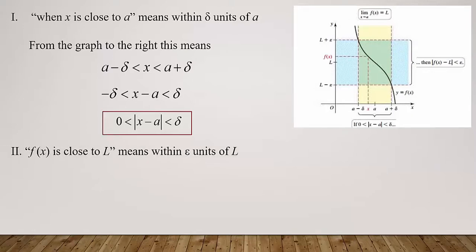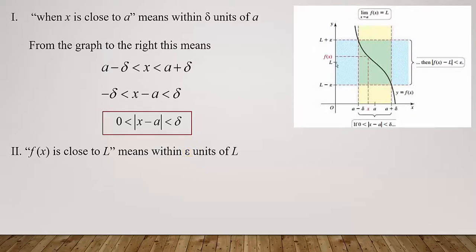The second thing we're going to analyze was that very loose language in the informal definition, quote, f of x is close to L. Well, for f of x to be close to L, that means we want to be within epsilon units of L. That's the Greek letter epsilon there. So let's look at the graph to see what that means.